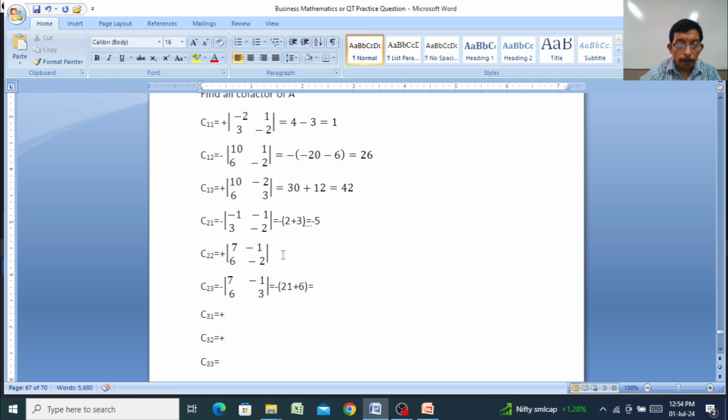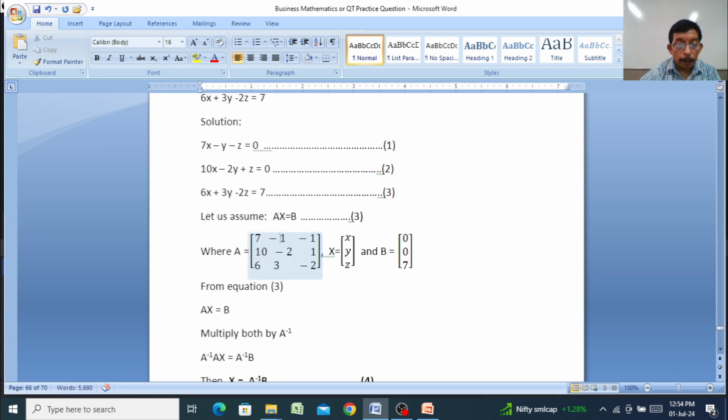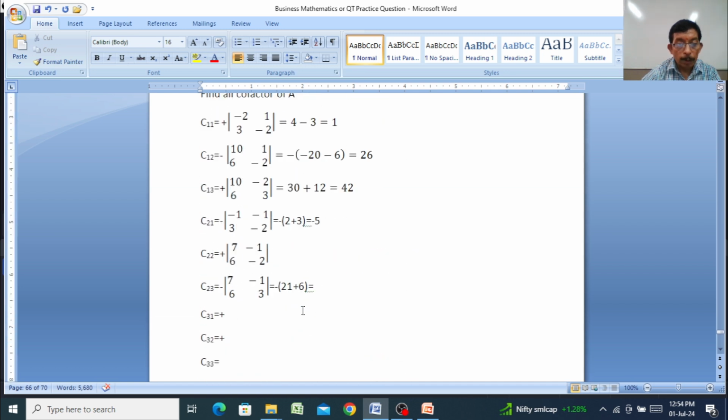First we simplify this one, C22, second row second column: 7 minus 1, 6 minus 2. After that we come to C23. 7 times 2 is 14, minus 14, minus minus plus 6, then the value becomes minus 8.